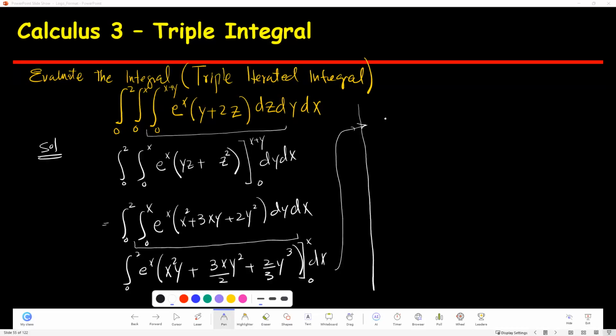Now I'm going to simplify a little bit more before I do the third integral. So it's going to be 0 to 2 and 19 over 6 x cubed e^x dx.